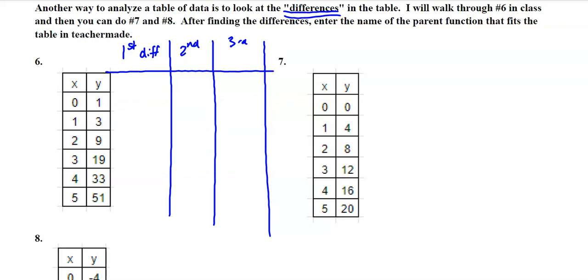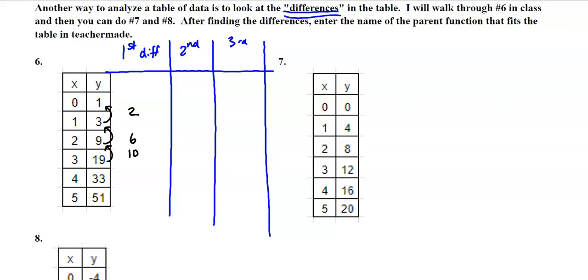What I mean by differences are the changes in the y values. So when I look at 3 take away 1, there's a difference there of 2. But when I look at 9 take away 3, that's a difference of 6. And when I do 19 subtract 9, that's a difference of 10.